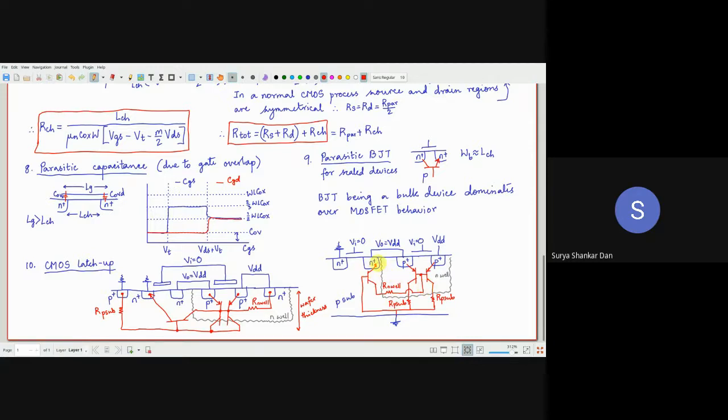So your circuits will start functioning. This BJT circuit will become operational rather than the small inverter which you have made. Okay. So latch up circuit is something you see if you can do it in VLSI design, or otherwise we will do it in advanced VLSI design.